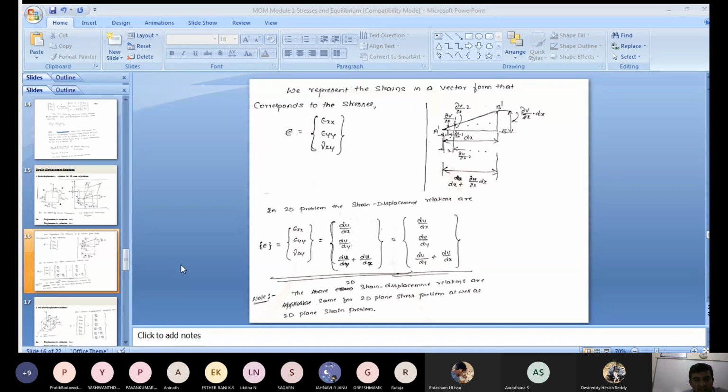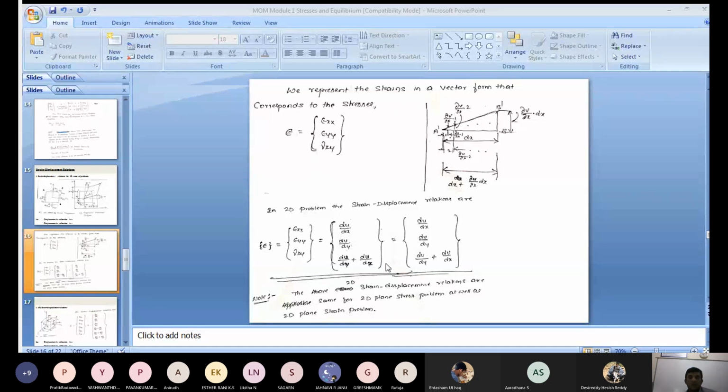What is the deformation here? In x direction it is du, divided by the thickness in the y direction, dy. That is du by dy plus, next go for the second bit. What is the deformation in y direction? It is v. dv by, what is the thickness along the element in x direction? dx. That is du by dy plus dv by dx.